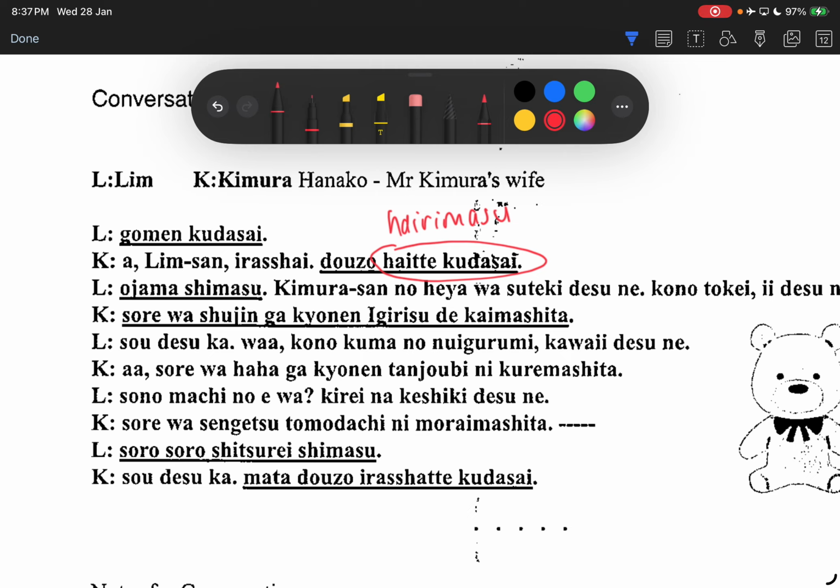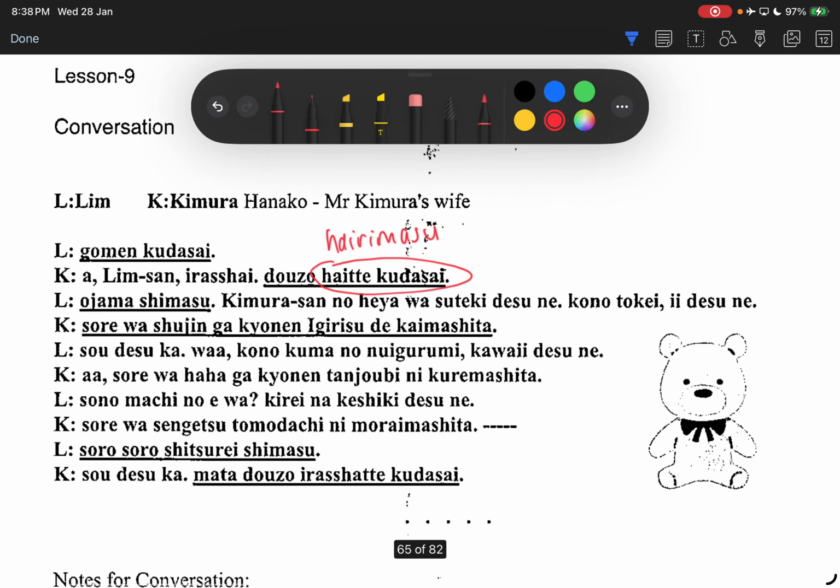So room of Kimura-san is suteki desu. Wow, wonderful. Then the next sentence, kono tokei, this clock or this watch, ii desu ne. We learned ii before. So good, desu ne. Ne is just like wow, right? Good, isn't it.